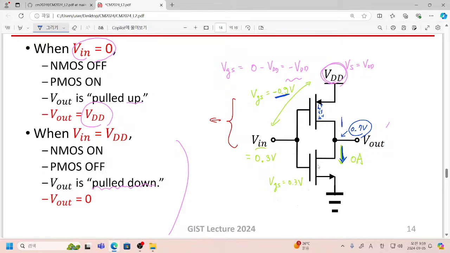And how about our drain? In this case, your PMOSFET is biased in that way, for example, 0.9 volt VGS and VDS equal to minus 0.5 volt.